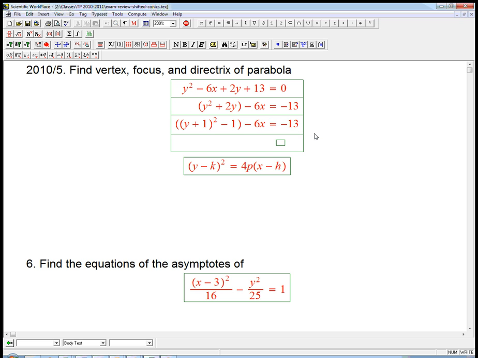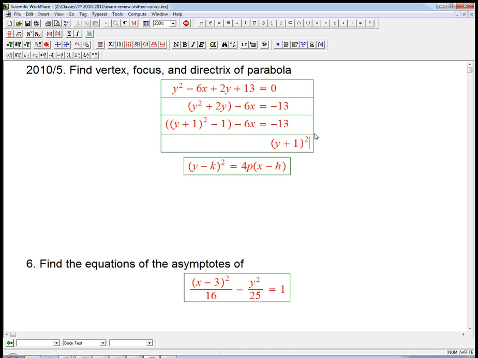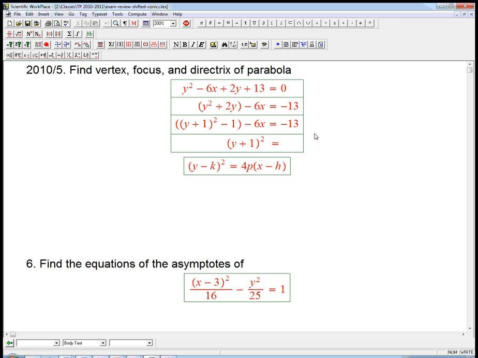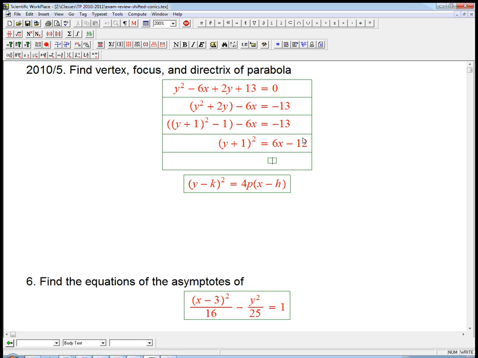Okay, and now we just got to move everything into the right places. We've got y plus 1 squared equals, want everything else on the right-hand side. Well, let's see. The minus 1 is going to turn into a plus 1, so that's going to be minus 12, and then it's going to be 6x. Now, what do we do with the minus 12? We have to really look carefully at what we're matching. It's supposed to be some interesting number, which is going to be 4p, times the quantity x minus h. So we've got to factor the 6 out of both of these things.